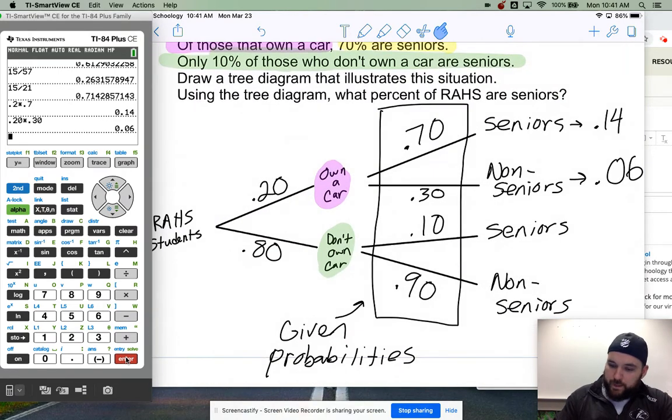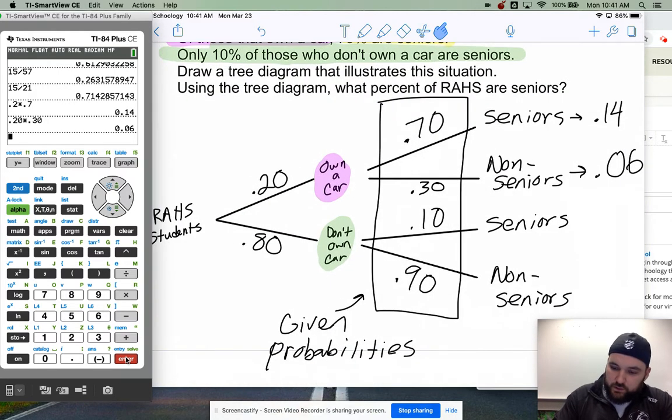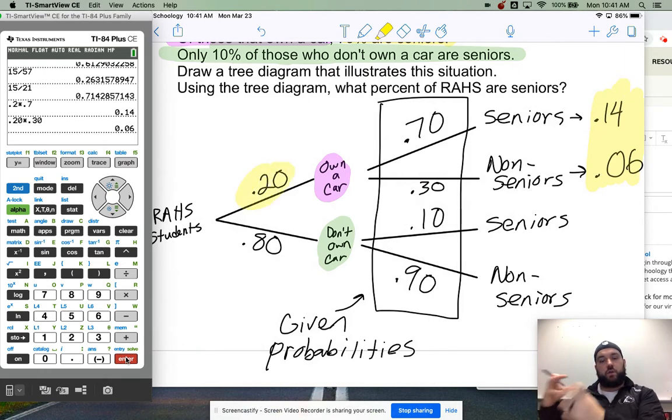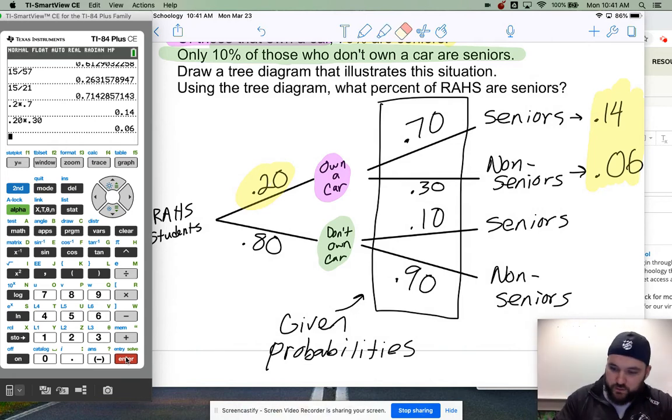So, and this is getting a little involved, this next statement, but 0.14 and 0.06, those two numbers should add up to 20%. So everyone who owns a car is 20% of the student body. And then that 20% is made up of 14% of the students are seniors, and then 6% own a car and are not seniors. Okay.